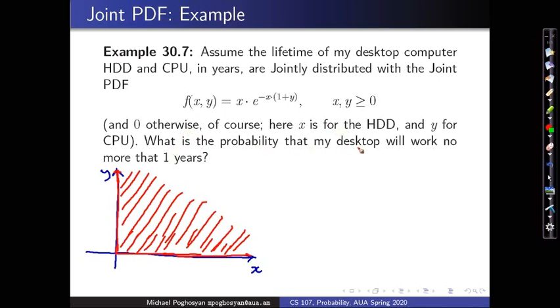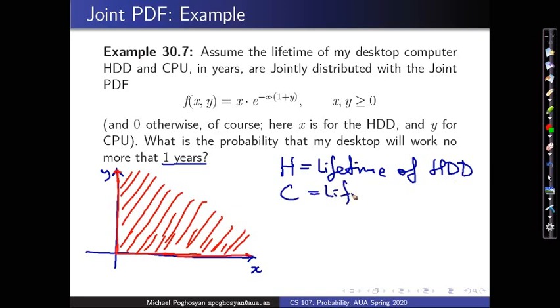What is the probability that my desktop will work no more than 1 year? So let H be the lifetime of the hard disk drive, and C the lifetime of my computer CPU.